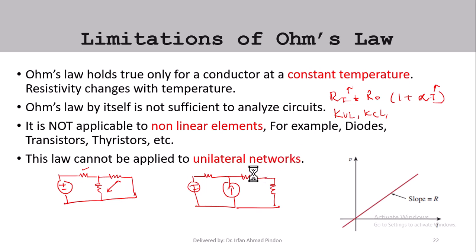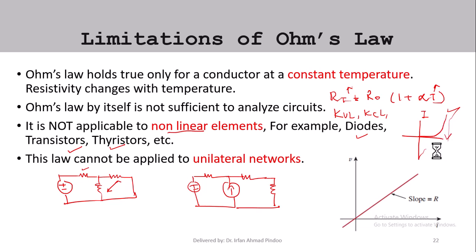Then the next important point is that it is not applicable to non-linear elements. What are examples of non-linear elements? Diodes, transistors, thyristors. In such devices, once we plot the VI characteristics, as you must know, it is not linear. It is an exponential curve.